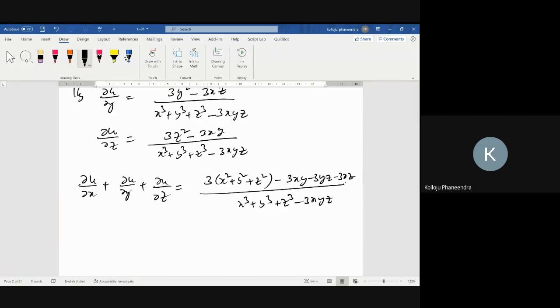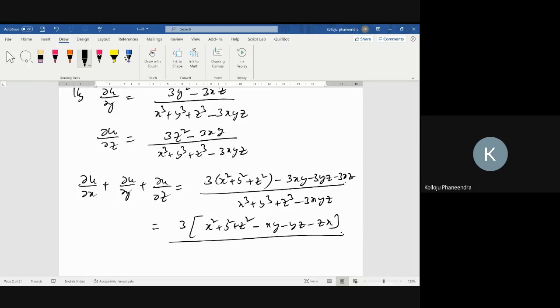Now 3 is common, and we use the formula of a³ + b³ + c³ − 3abc.